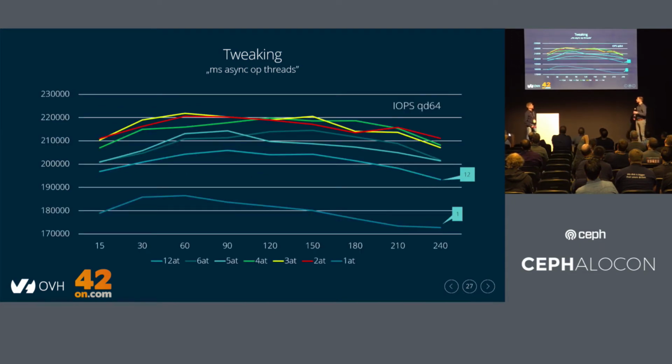As you can see here, we decreased the number to 1, and performance tanked. We increased it to 12, and performance was also bad. So 3 is the safe bet. You shouldn't change it unless you know you need to.